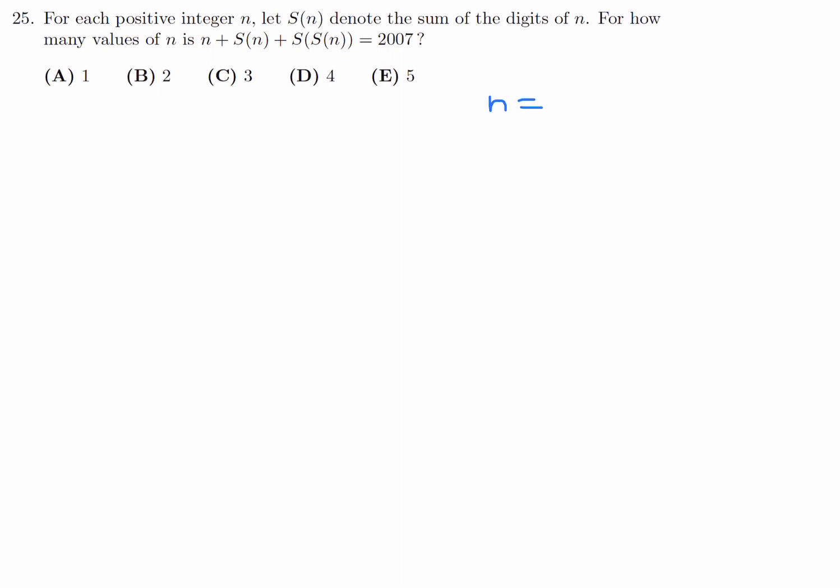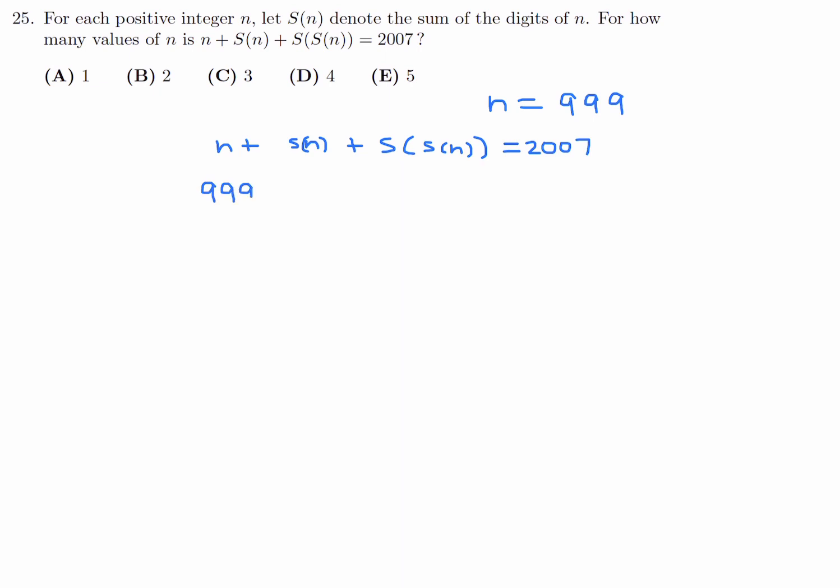I don't think it's 1 digit or 2 digits. Probably got to be at least 3 digits. So what is my largest 3-digit number? It's 999. Let's see if this even comes close. n plus Sn, plus the S of Sn, and that's got to be 2007.